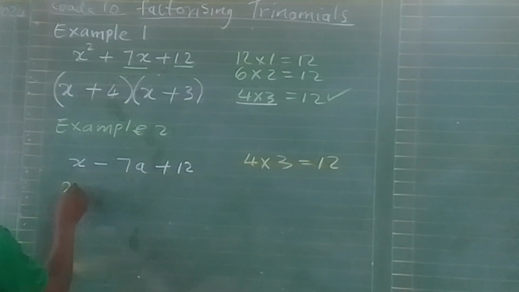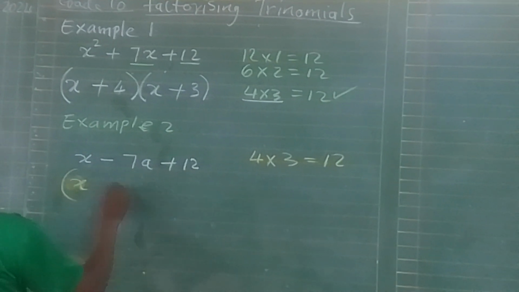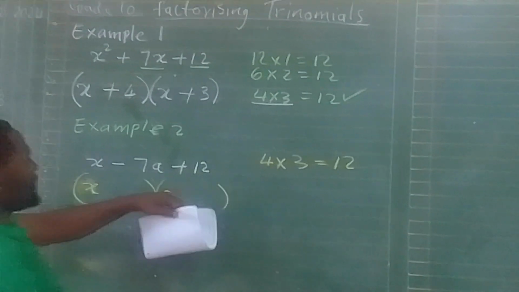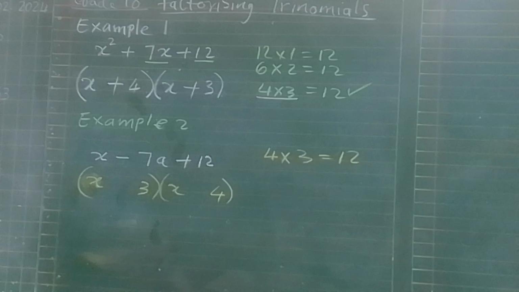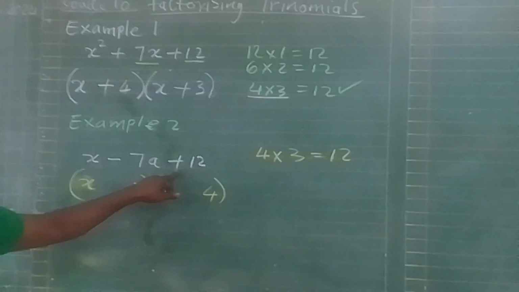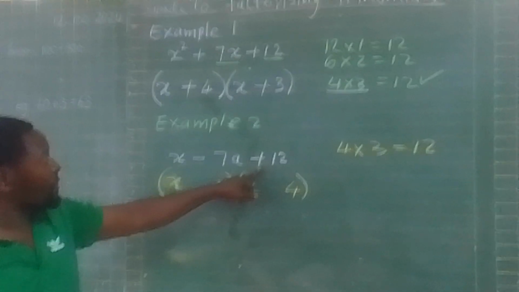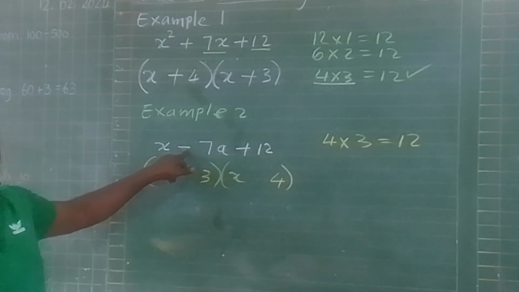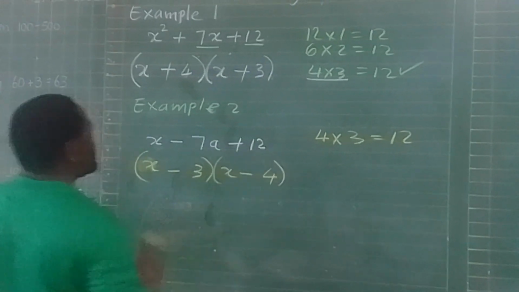Now you say x, and the factors are 4 and 3. You come to check the sign of those factors. If the constant is a positive sign, it means the signs must be the same, both negative. You are done.